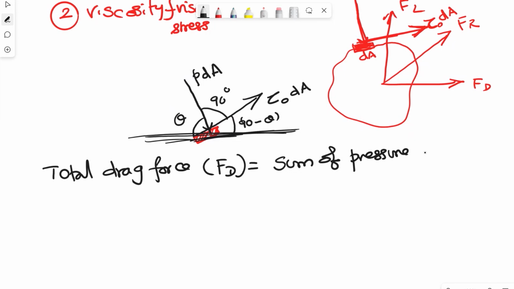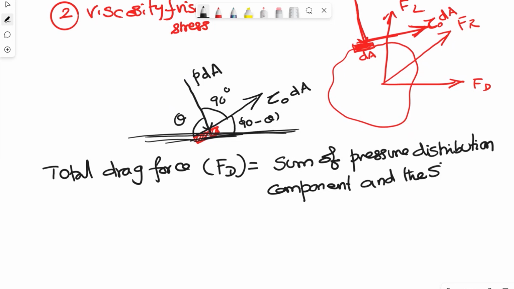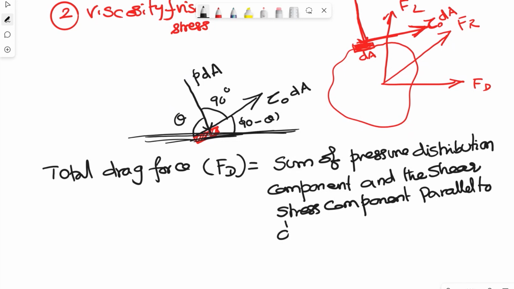It should be the sum of the pressure distribution component and the shear stress component parallel to the direction of motion or direction of flow.